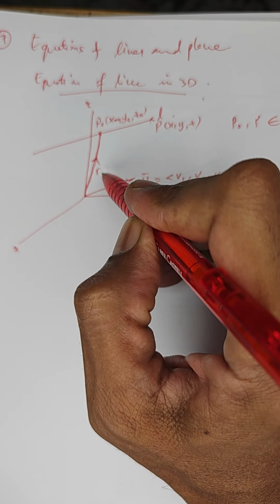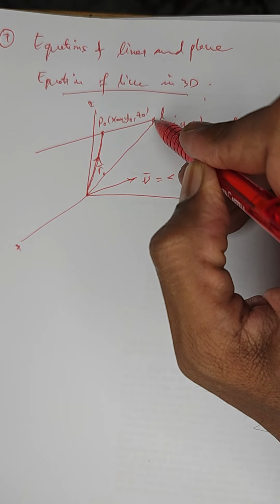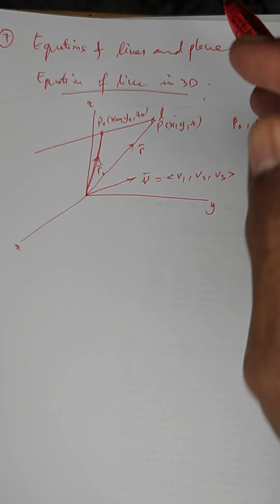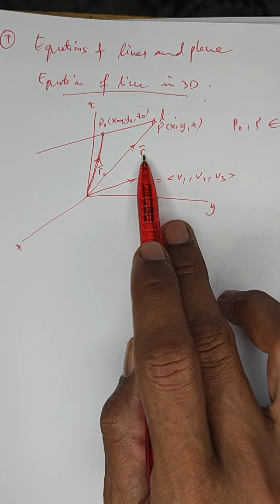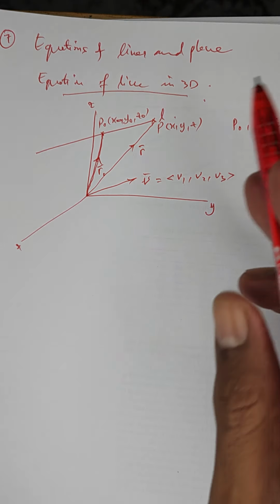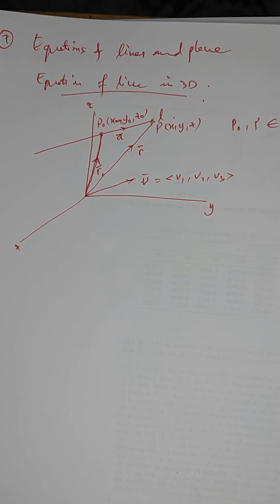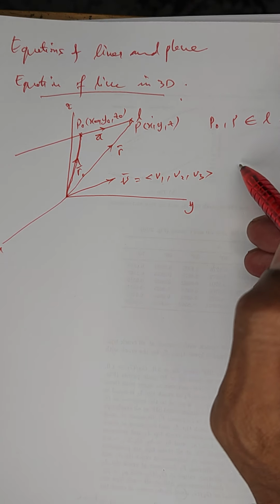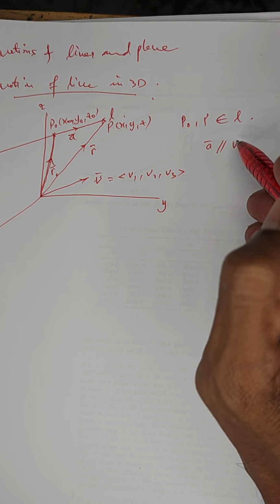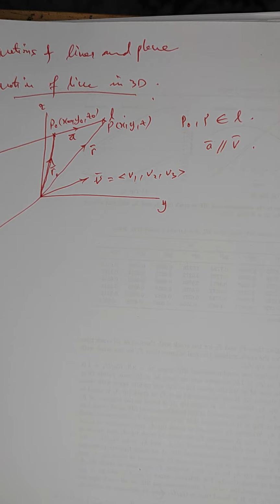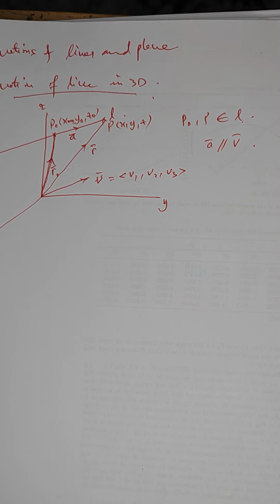Let's call this R0, and another position vector, let's call this vector R. So position vector R0 is the position vector for P0, R is the position vector for P, and we'll call this vector A. Vector A is parallel to V, and we have points P0 and P on L.